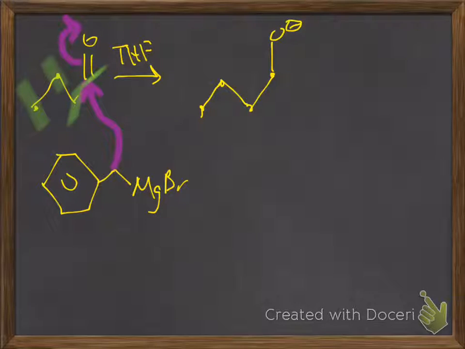And technically the magnesium bromide would be up there to help offset the charges, but I'm not going to draw that for clarity's sake. But we now also have one more carbon that did the attacking and the benzene ring. Whoops, I drew my benzene ring wrong. One more carbon.